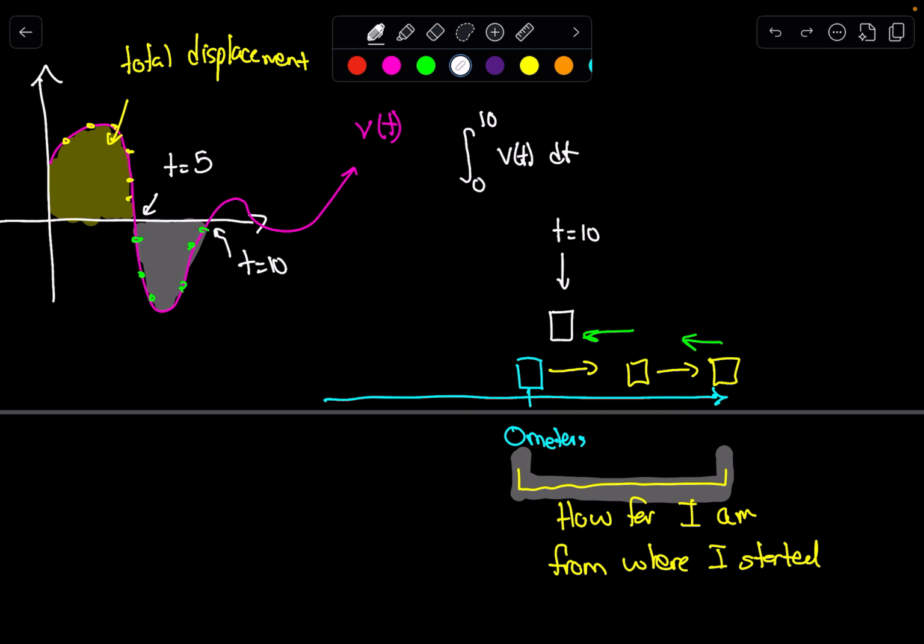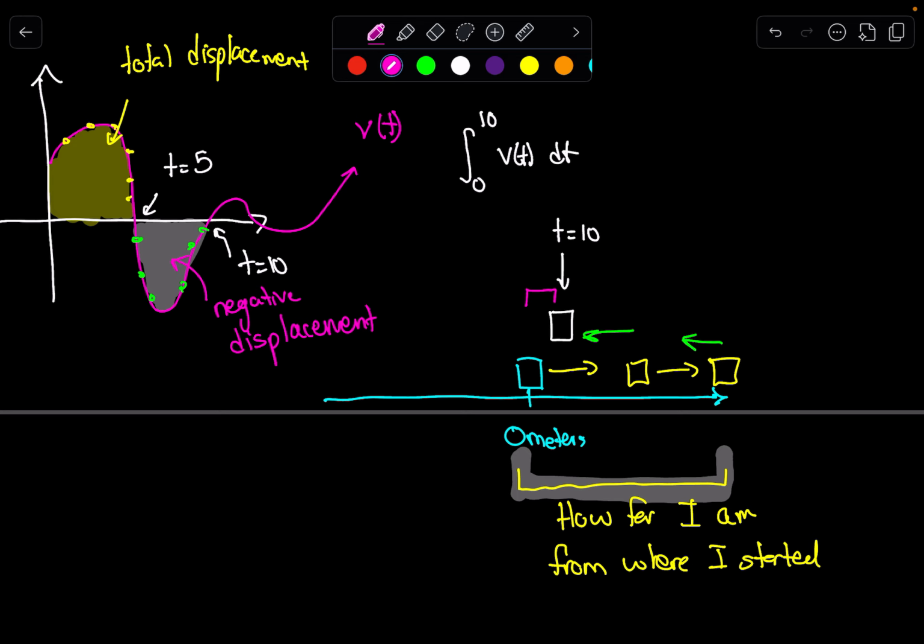Then our total displacement, our total actual bit that we've moved from where we started, is actually really, really tiny, because over here, this is what we would call negative displacement, okay?